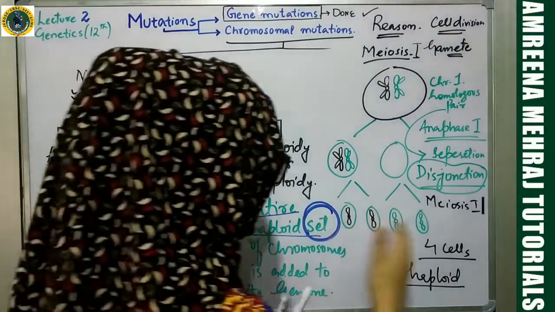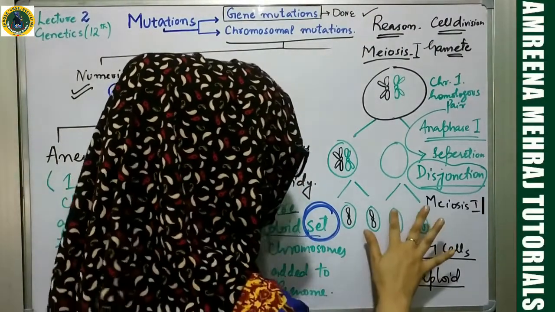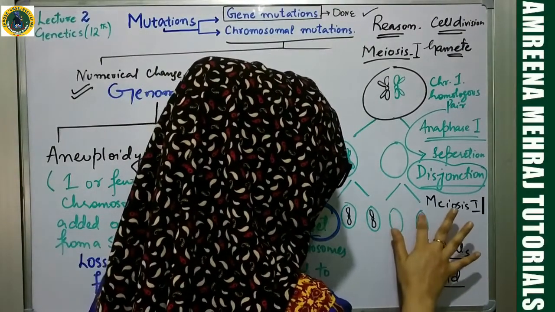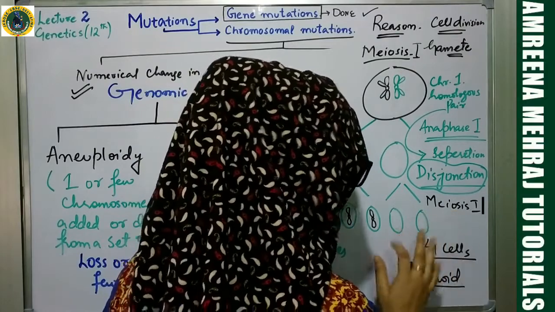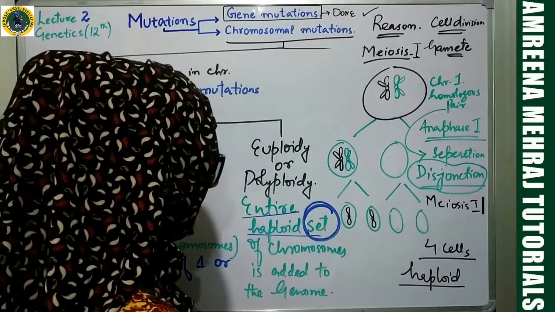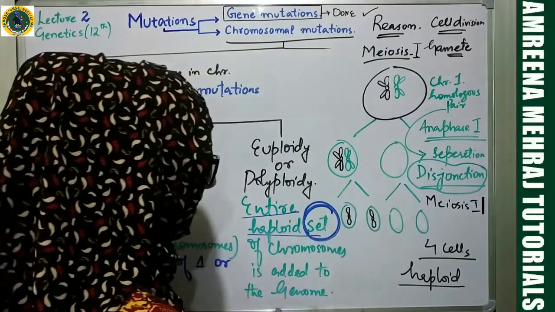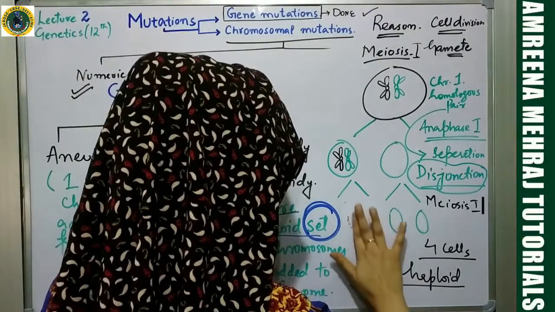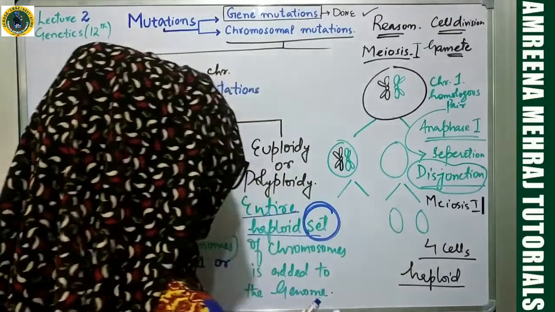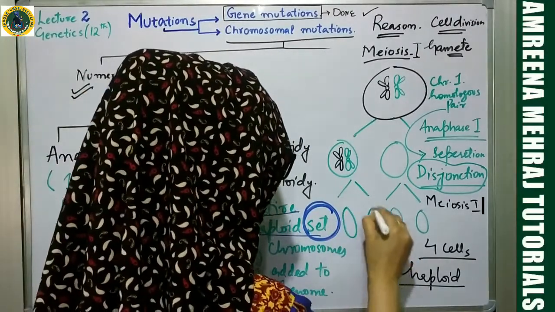Now finally, after meiosis 1, you will see that these 2 cells will totally lack chromosome number 1. Chromosome number 1 will be absent in them. And what will be the case with these 2 cells? Think, it's very tricky. The case will become like this at the end. You will be having 2 cells like this.